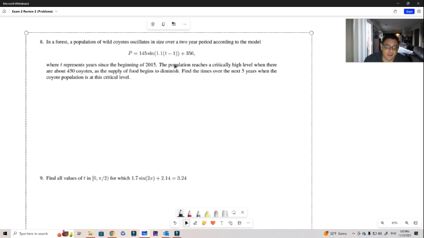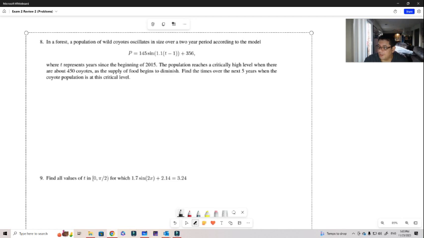The population starts from 2015 and is going to reach a critically high level of about 450 coyotes. The food supply at that point begins to diminish over the next 5 years, and the population of coyotes is going to reach a critical level at some point. So we want to find out when that's going to be.